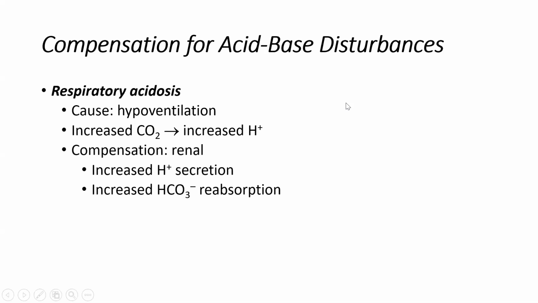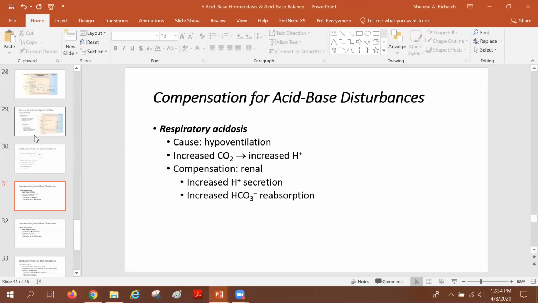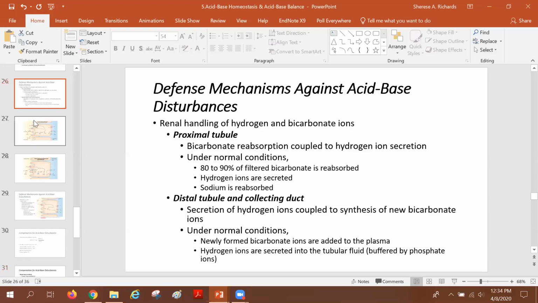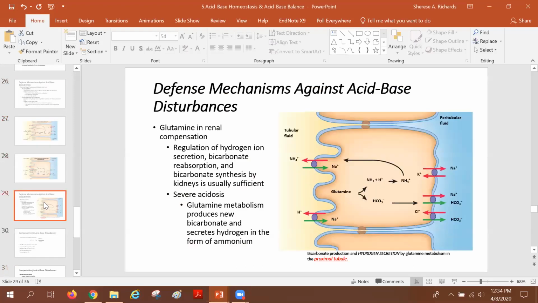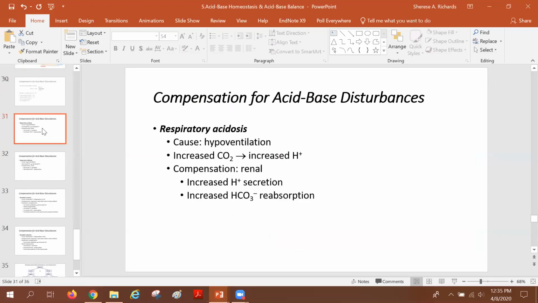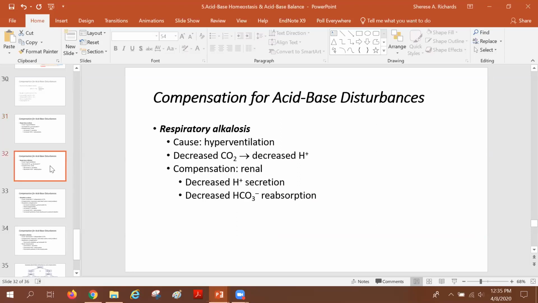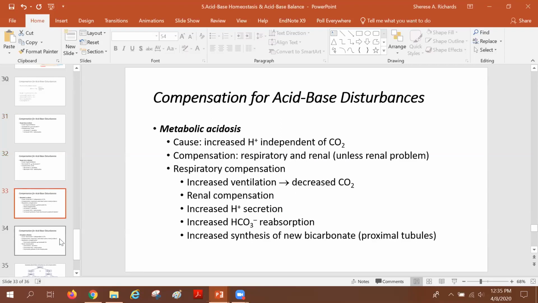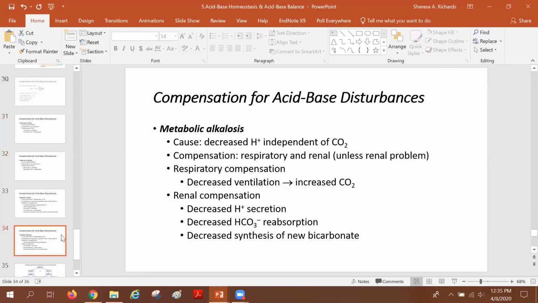Okay, now for the next 4 slides, again, I'm going to skip over the mechanism, which is basically these 1, 2, 3, 4 slides. So you can completely cross those off. And then the next 4 slides, which go into the compensation, so the respiratory acidosis compensation, the respiratory alkalosis compensation, and then the metabolic compensations, I want you to practice looking at a table.